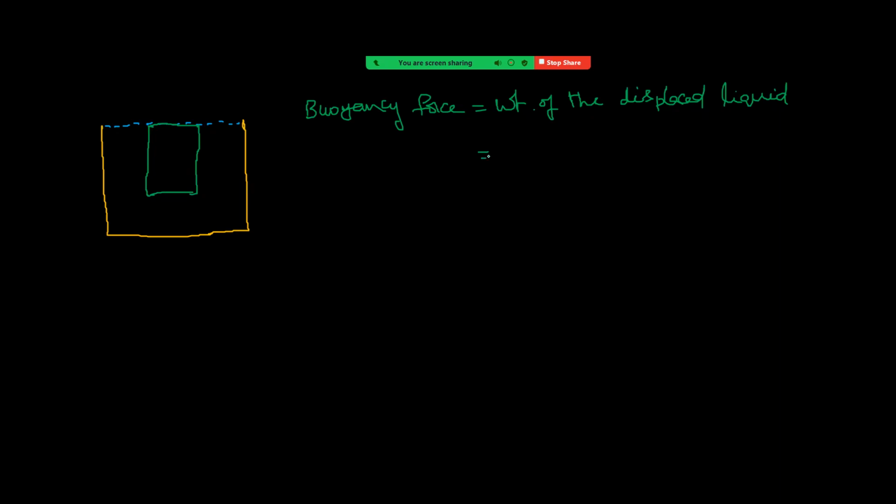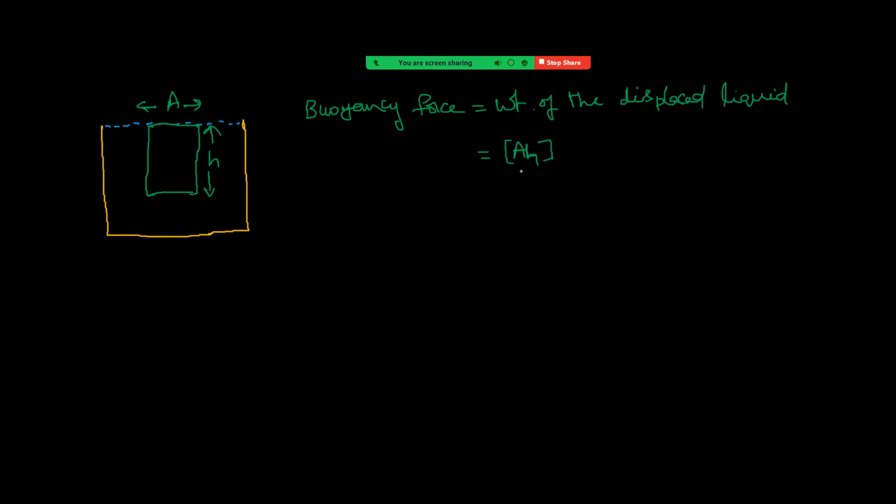That means if I am taking here this cross section area is A, cross section area of the cylinder is A. Its height equal to H. So how much volume of liquid is displaced? That is equal to volume of the body, A into H. This is volume of the body.